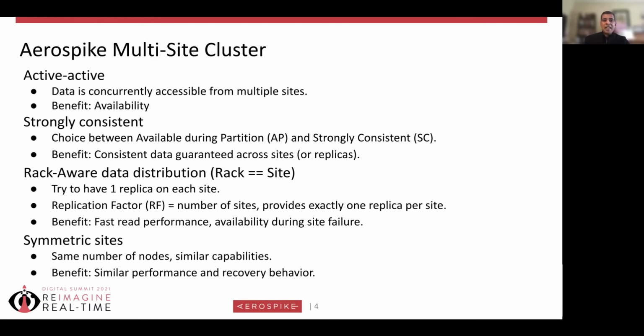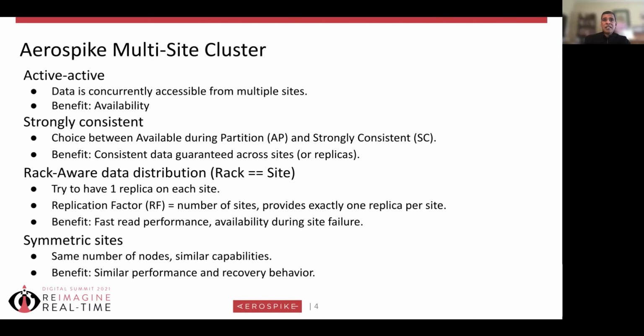Also implied is the cluster is configured in strongly consistent configuration. So Aerospike allows both AP mode and SC mode. AP stands for available during partition. When the cluster partitions, it values availability more than consistency, whereas the strong consistent mode is exactly reverse.